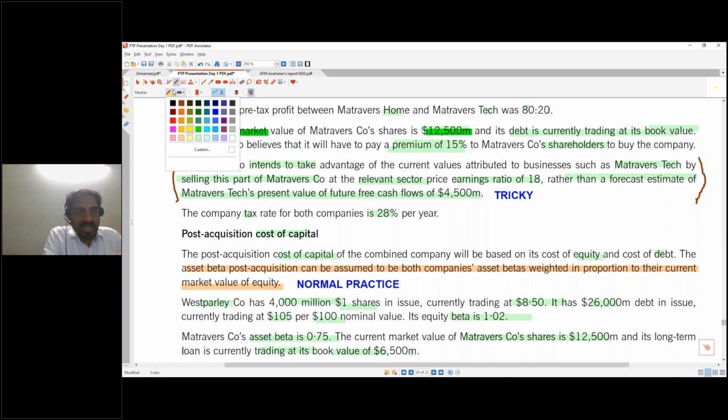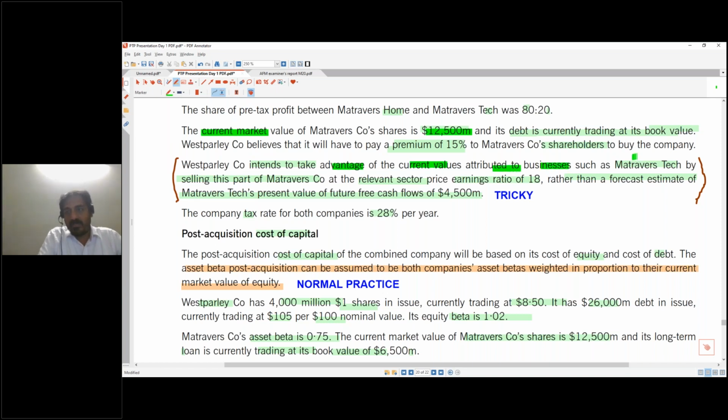West Parley intends to take advantage of current values attributable to a business such as Metaverse Tech by selling this part of the Metaverse company. You know that Metaverse has two divisions, Metaverse Tech and Metaverse Home.